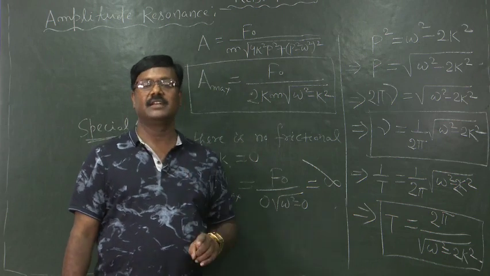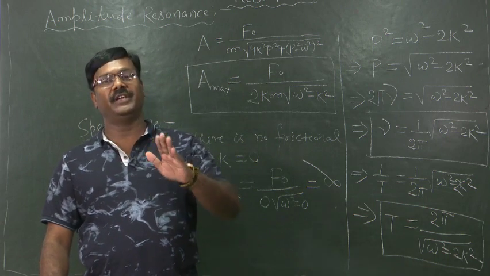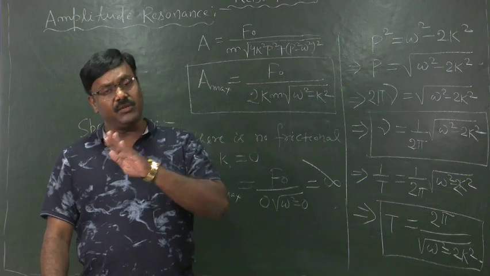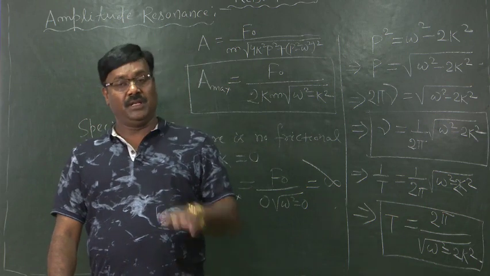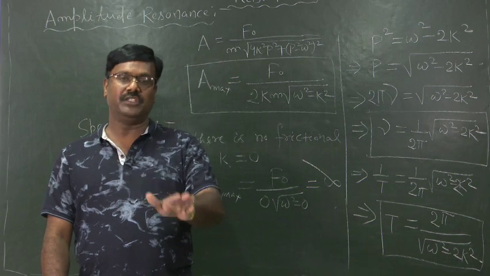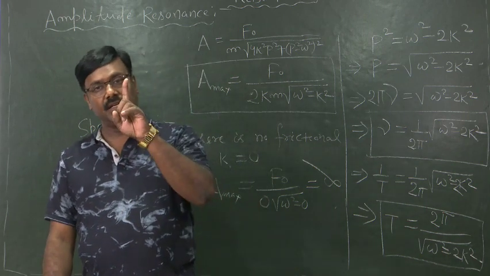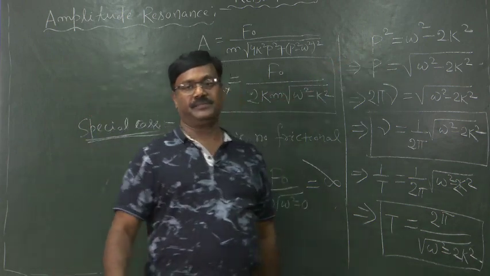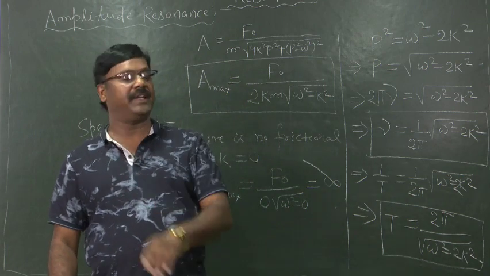The soldiers are warned not to march while passing over a suspension bridge, because during marching over a suspension bridge, the soldiers apply a regular periodic force on the bridge, which has its own frequency p, and the bridge also has its own natural frequency omega.